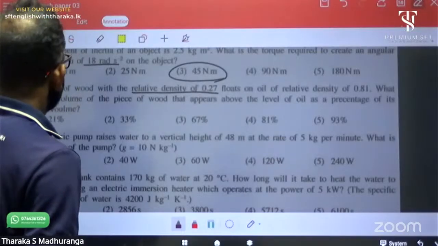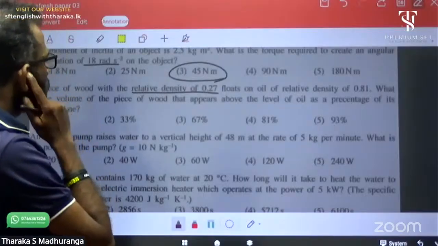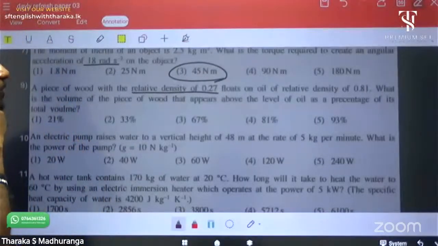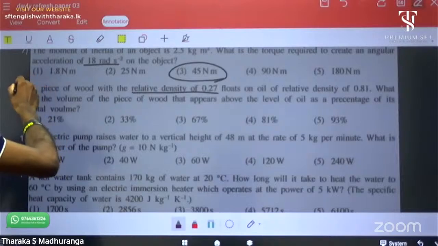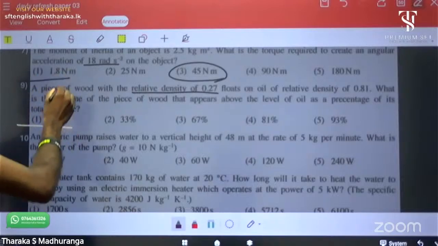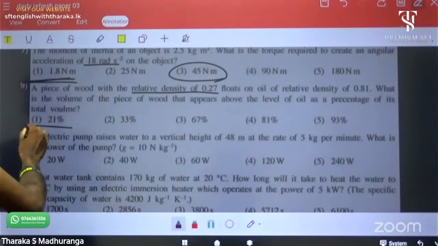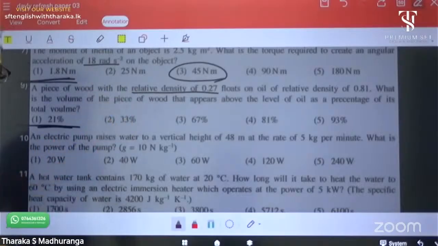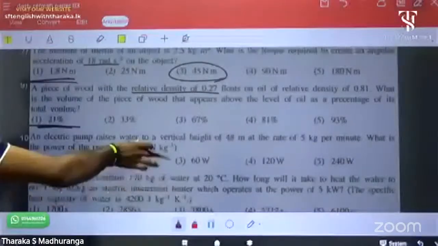What is the volume of the piece of wood that appears above the level of the oil, as a percentage of the total volume? Relative density, you still don't know. Relative density means relative to water. Okay, I will explain. You need advanced fluid mechanics knowledge for this question. I'll explain after we complete the fluid mechanics lesson.